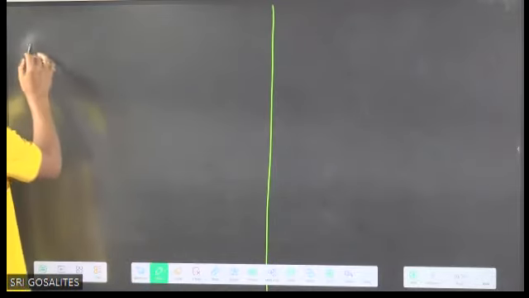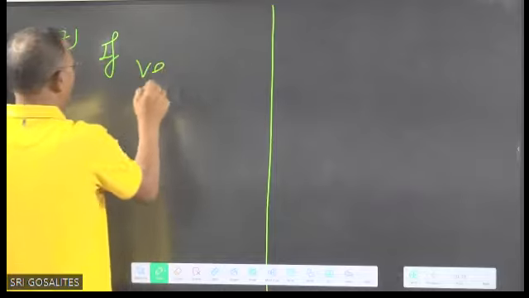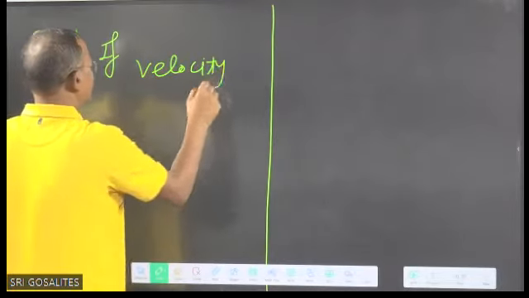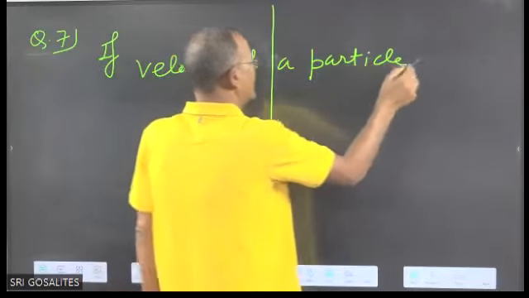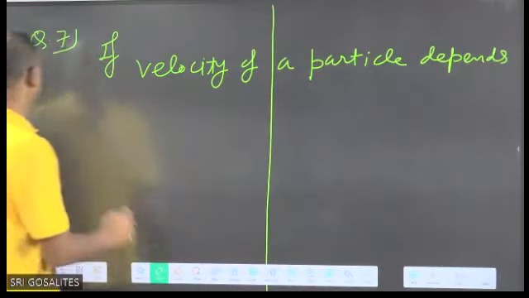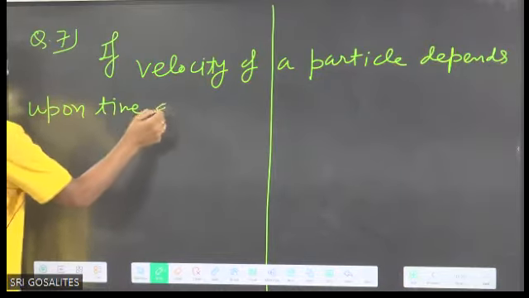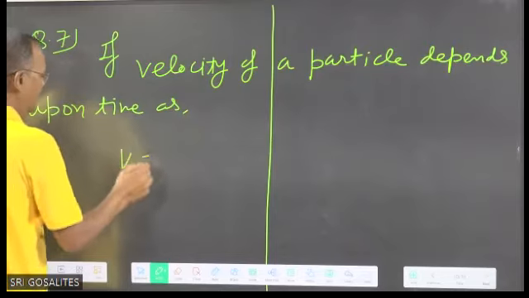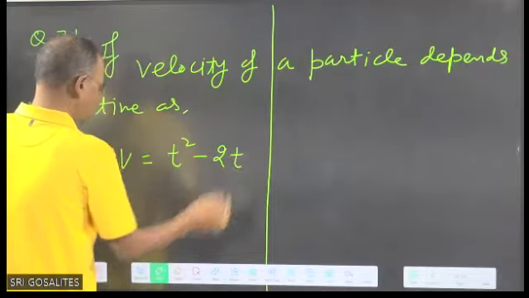Now look, son, let's take one more question. A girl asked me, sir, can you plot one more question. Question number 7. If velocity, note down with me, of a particle depends upon time as v equal to t square minus 2t.